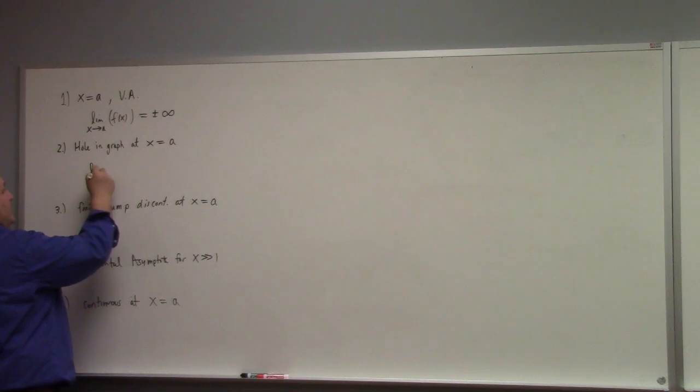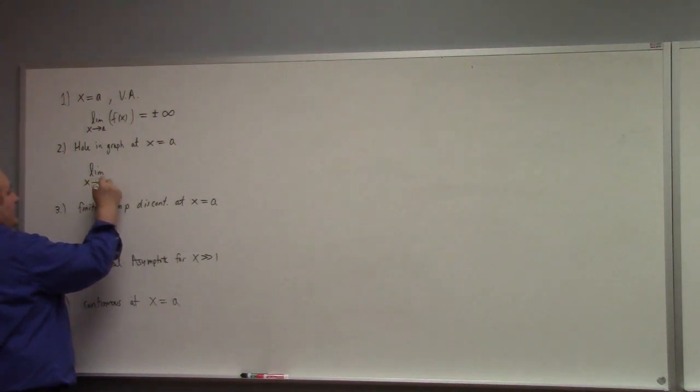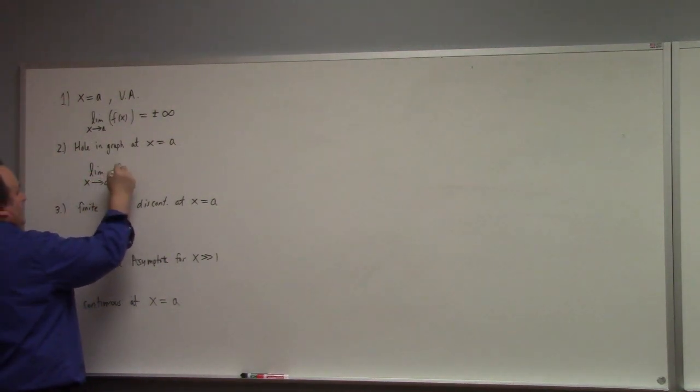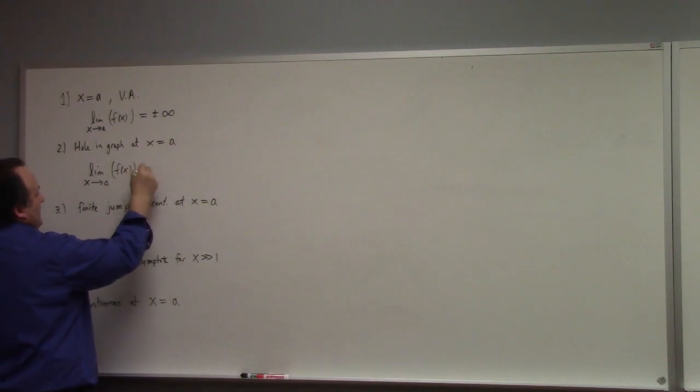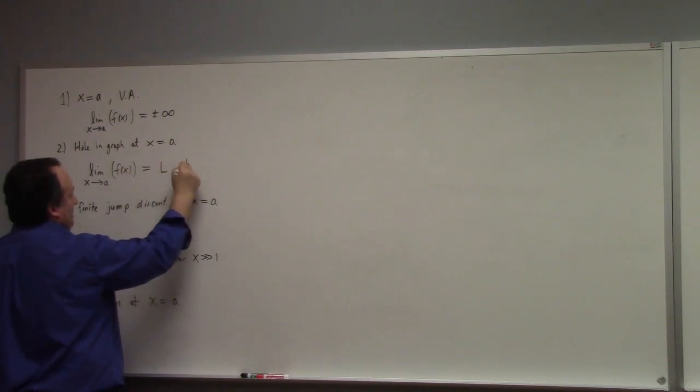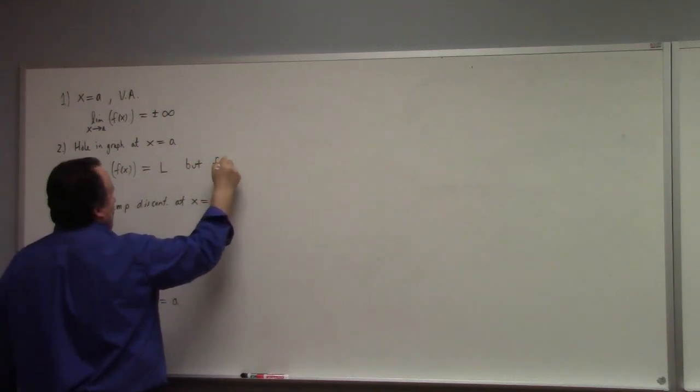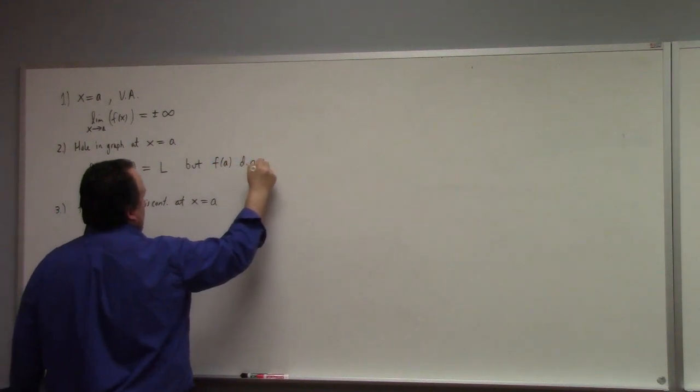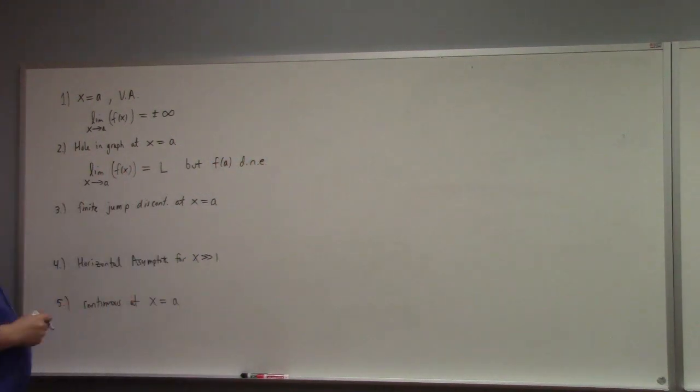That would mean that the limit as x goes to a of f of x is equal to L, but f of a does not exist. So the limit exists, it's something finite, and yet the value of the function's not there.